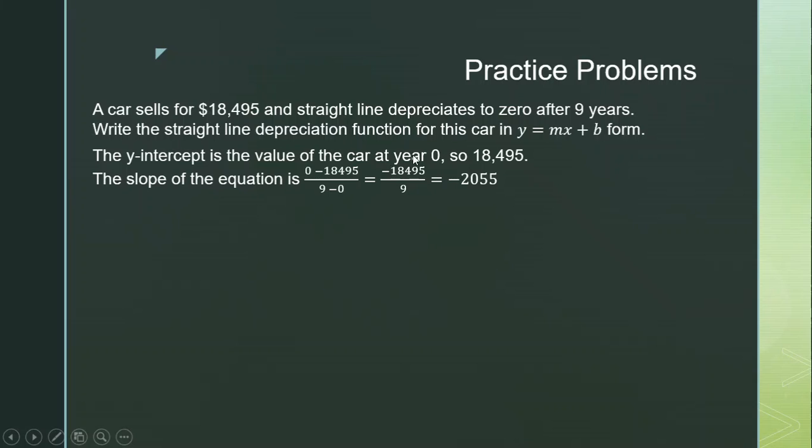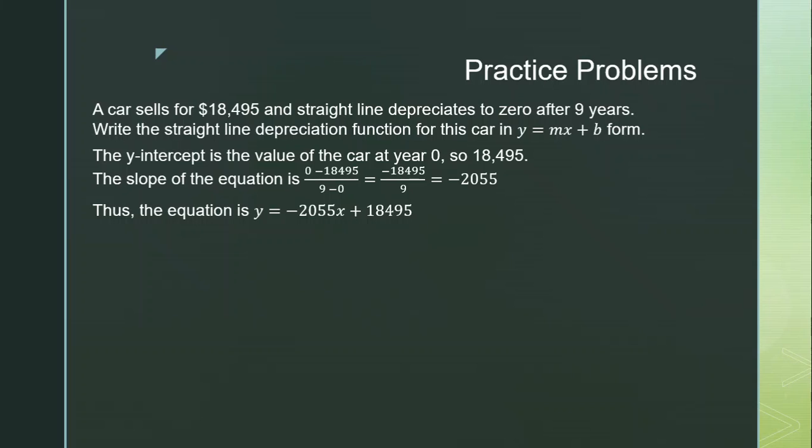So negative 18,495, because we're going from that max value all the way down to 0, and then we went forward 9 years. So we divide that out and we get negative 2,055. So that means finally the equation that we're going to use is y equals negative 2,055x plus 18,495.